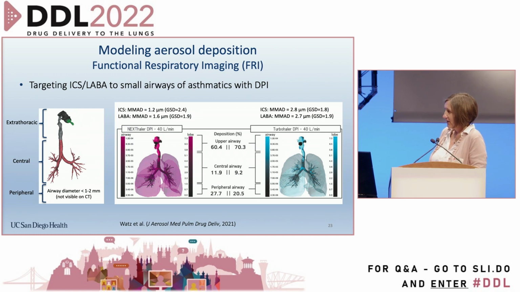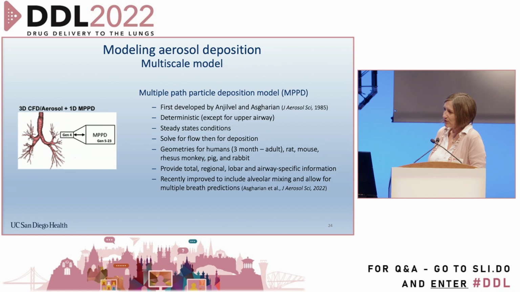So in our lab, what we're trying to do is to use, again, a CT-based model of the first generations of airways, but link every one of these outlets to a one-dimensional simplified model to be able to simulate a full breath of aerosol inhalation.